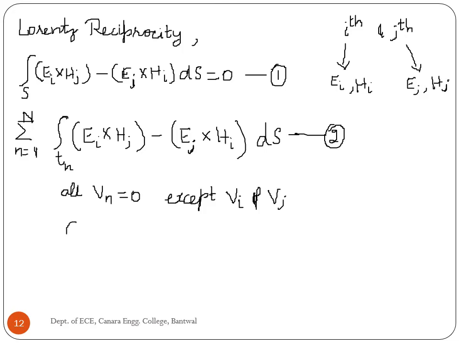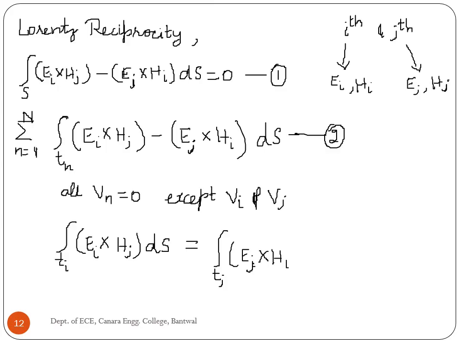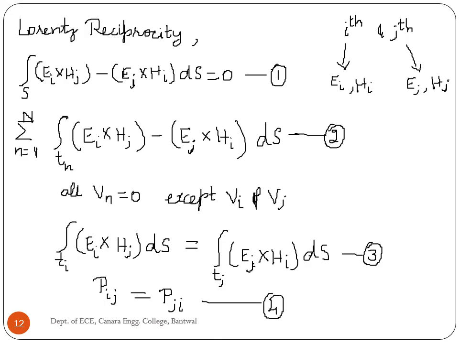Equation 2 becomes, equation 3 can be read as, where Pij represents the power at reference plane I due to an input voltage at plane J.